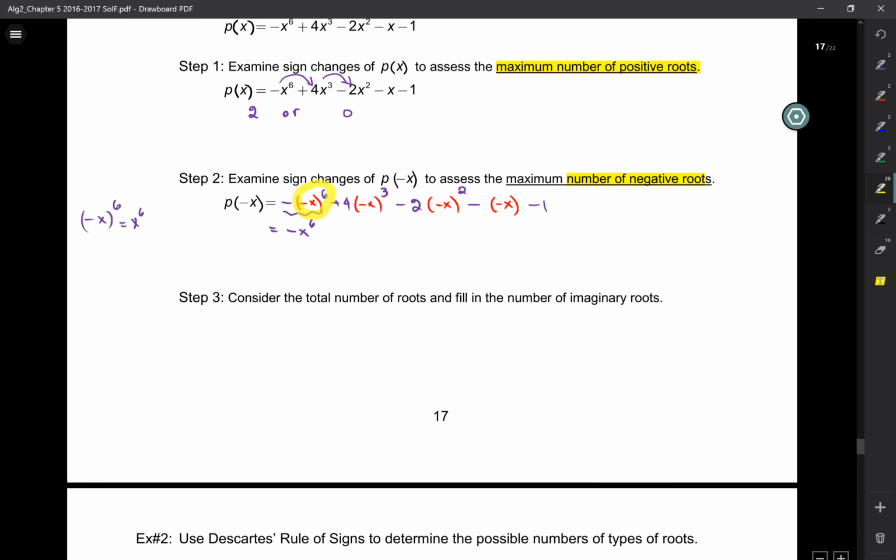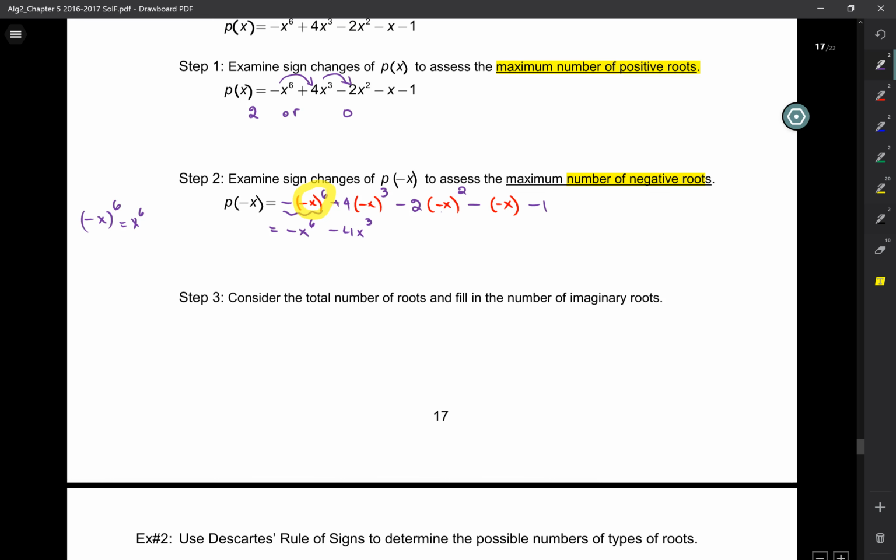Combined with the purple negative out front, it'll be negative x to the 6. So minus 4x cubed here. Now here, the negative x squared becomes positive, so it's negative 2x squared, plus x minus 1. So this is p of negative x.